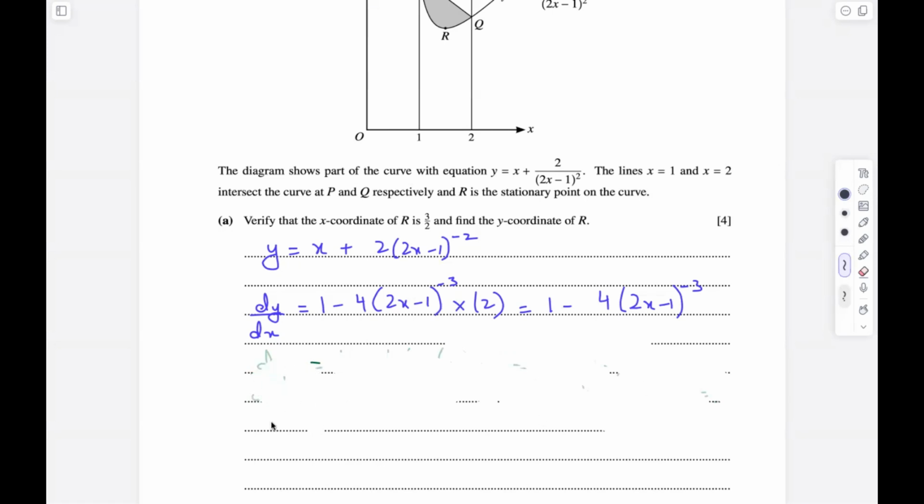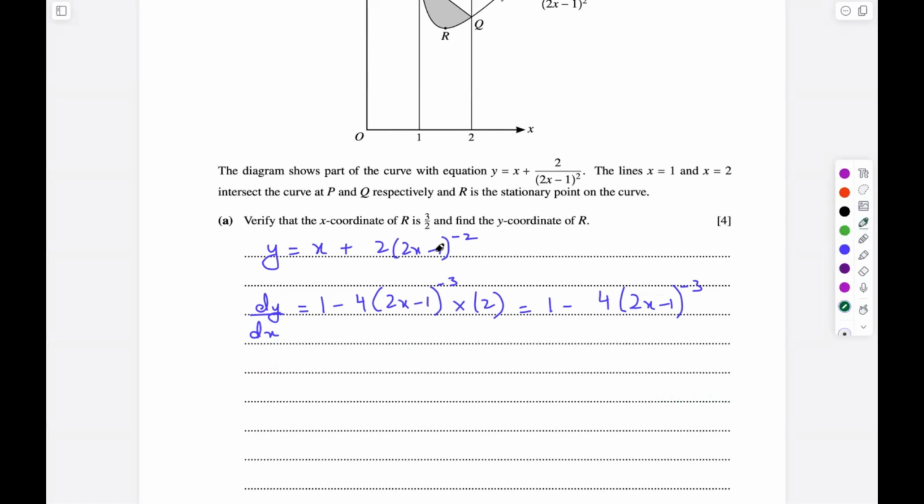So just a moment, let's quickly revisit the differentiation. We multiply minus 2 by 2, that becomes minus 4. And we forgot this 2 over here. Okay. So this would have been 1 minus 8 upon (2x minus 1) to the power minus 3. So now substituting x equals 3 upon 2, we'll get (3 minus 1) to the power positive 3, as we brought it in the denominator, this will be taken as positive 3.